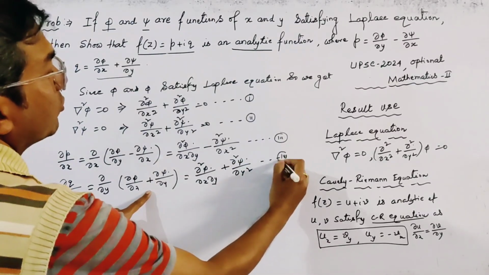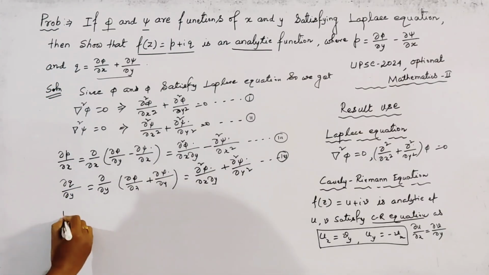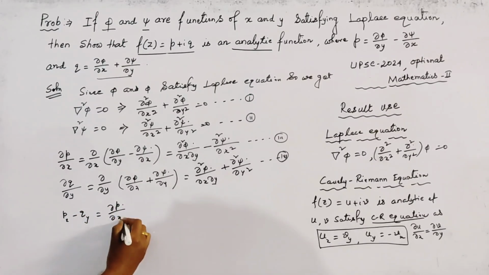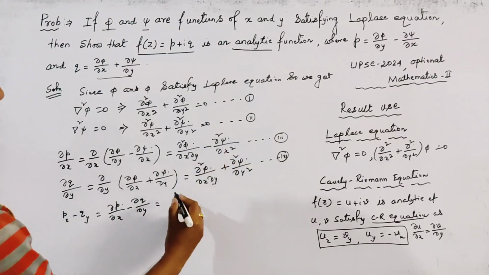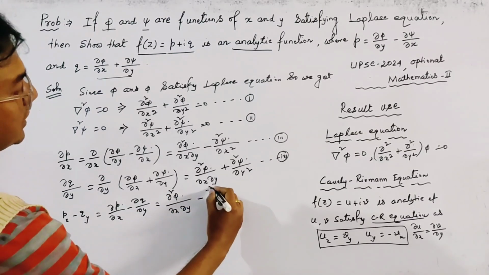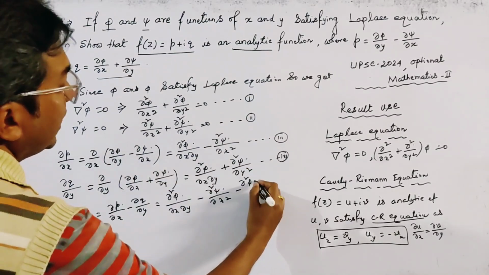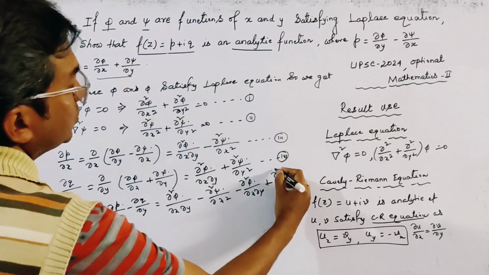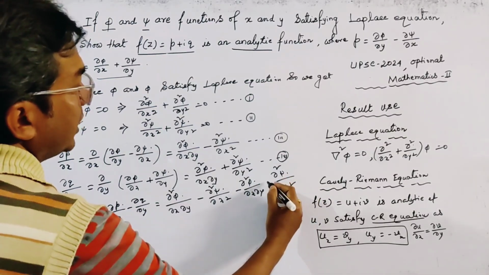Now from 3 and 4, if we write px minus qy, this means del p by del x minus del q by del y, we get del 2 phi by del x del y minus del 2 psi by del x2 minus del 2 phi by del x del y minus del 2 psi by del y2.